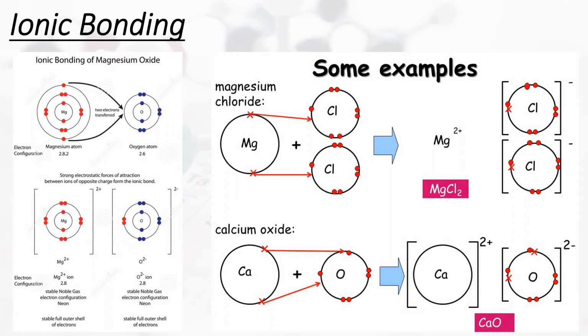And finally, calcium oxide, very similar to the magnesium oxide. The calcium is in group 2, so 2 electrons in its outer shell. The oxygen in group 6, so it has 6 electrons in its outer shell. The easiest way for this to obtain the noble gas configurations is for the calcium to lose 2 electrons and for them to be picked up from the oxygen atom.